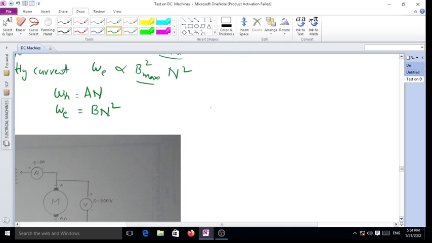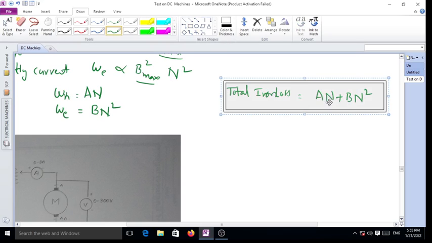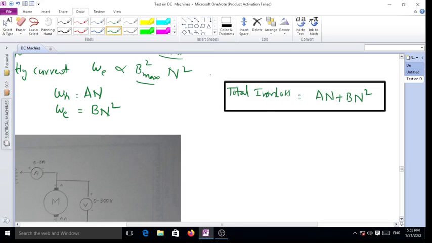So the total iron loss is equal to A n plus B n squared.